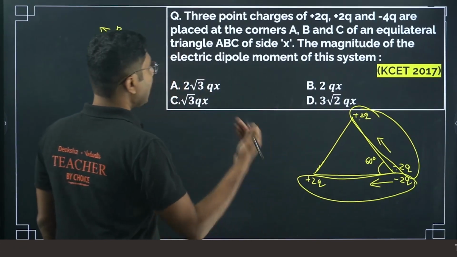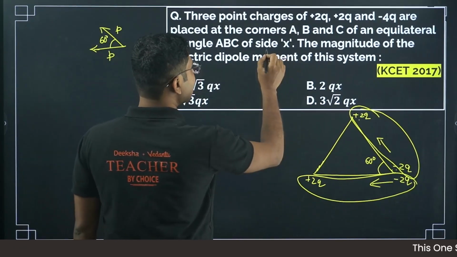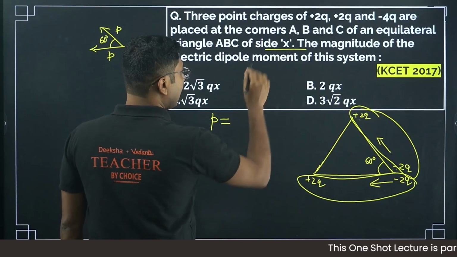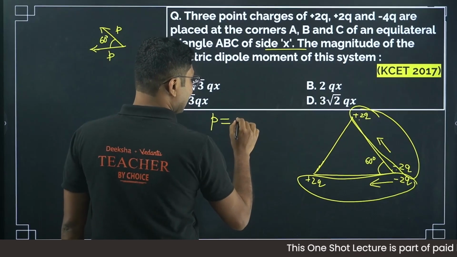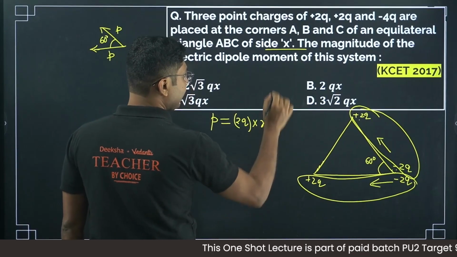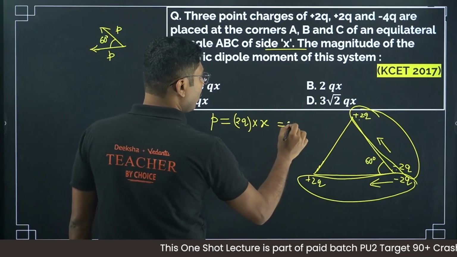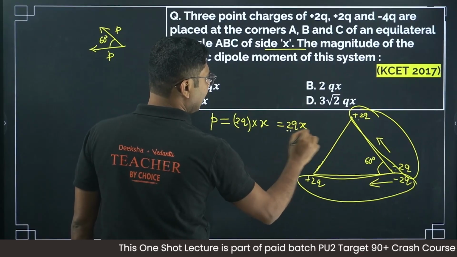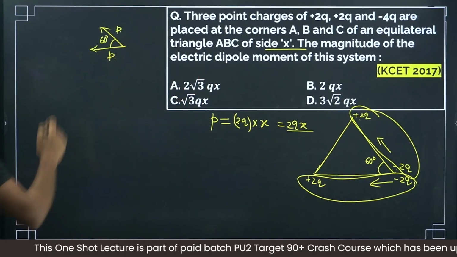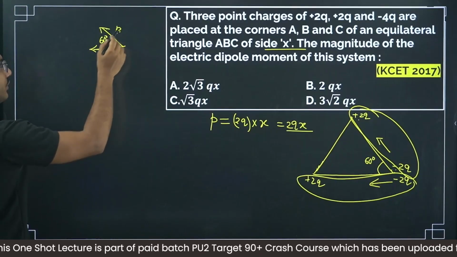So what is the dipole moment? The distance is given as x. So the dipole moment is the magnitude of any charge times the distance, so 2qx is the dipole moment of any one of these dipoles. Now what is the vector sum of these two vectors?